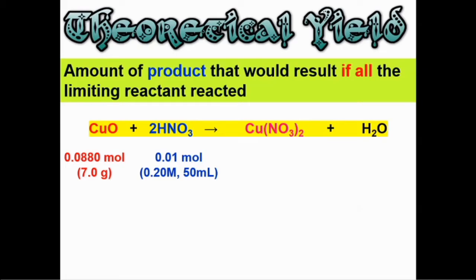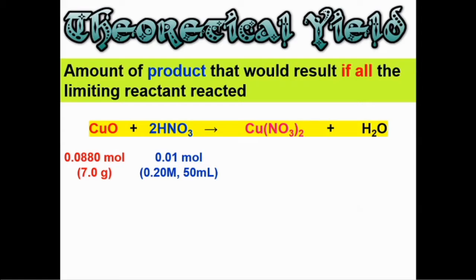Just now we determined that in this reaction, nitric acid is the limiting reactant. That's why the moles of copper nitrate produced depend on the moles of nitric acid.